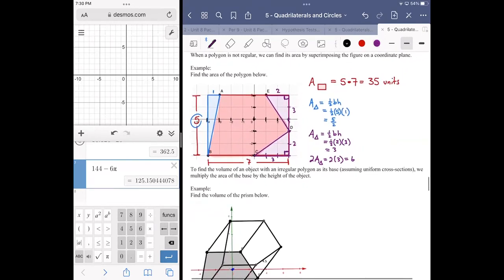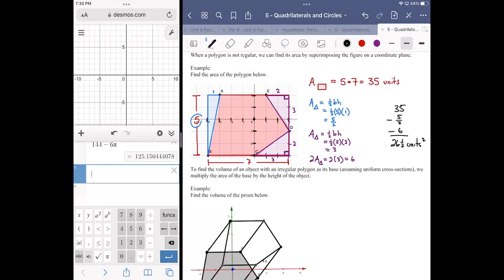All right. So in all, what I got to do is I got to account for the 35 units that I have in total. I got to knock off the 5/2, and I got to knock off the 6. Right. So you might be better off working 2.5 as opposed to 5/2. Either way, 35 minus, you do it in either order. 35 minus 6 is 29, minus 2.5 is going to be 26.5 units squared.